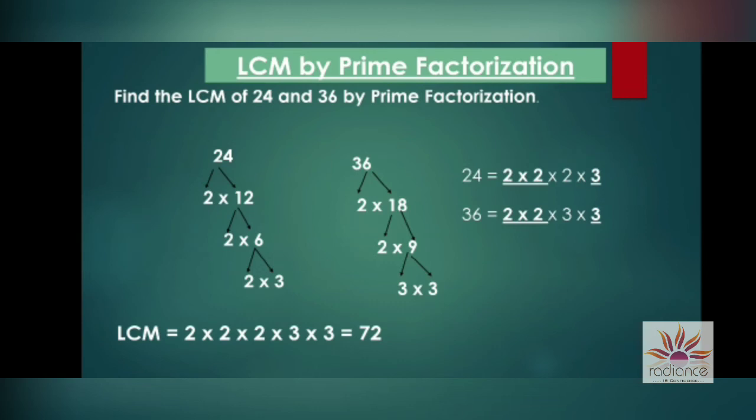So 2 multiplied by 2 multiplied by 2 multiplied by 3 multiplied by 3, which is equal to 72. So the LCM of 24 and 36 is 72.